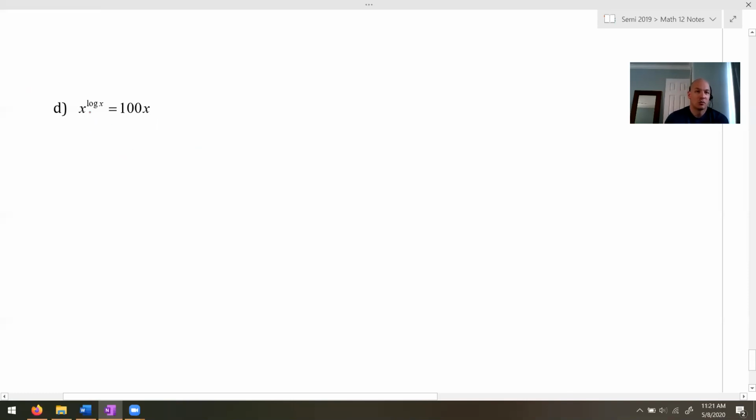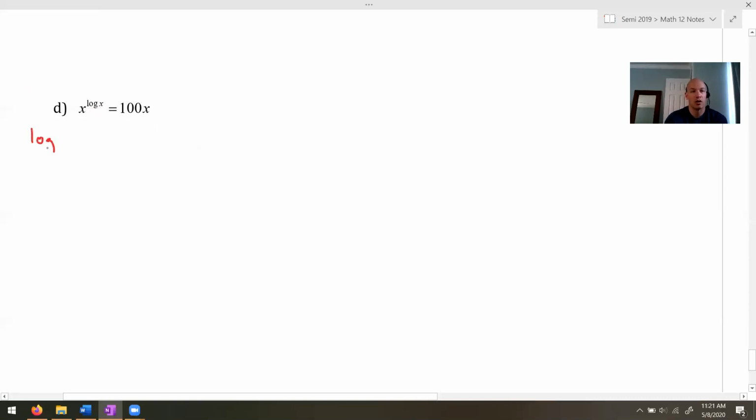So the first thing I'm going to do is look at this and go, okay, well, I've got x in the base, I've got x over here, and log x. This is really problematic. So I'd still approach this the same way that I would approach any kind of problem. If I have a variable in the exponent position, I'm going to take the log of both sides.